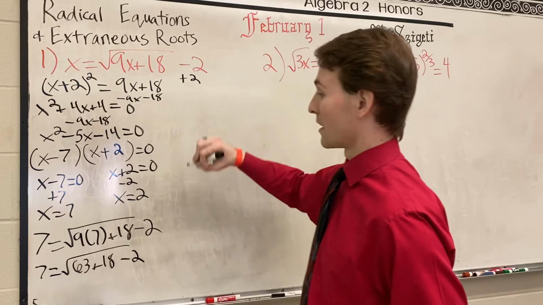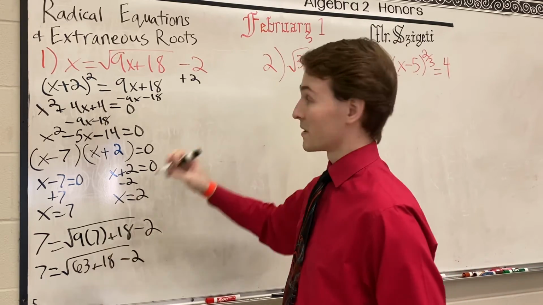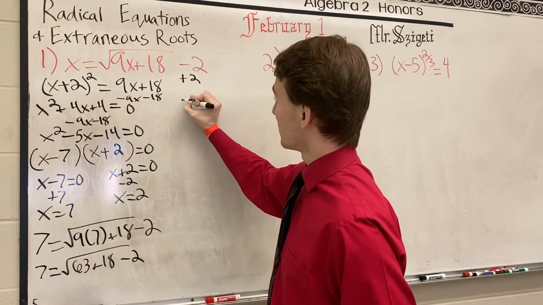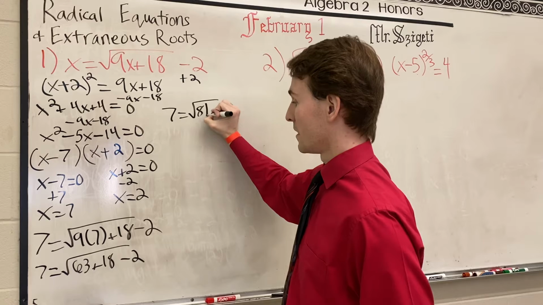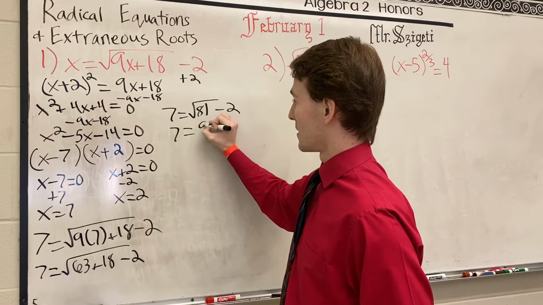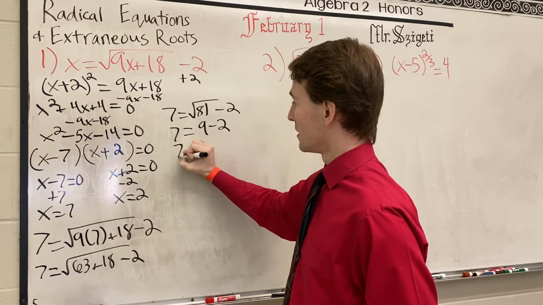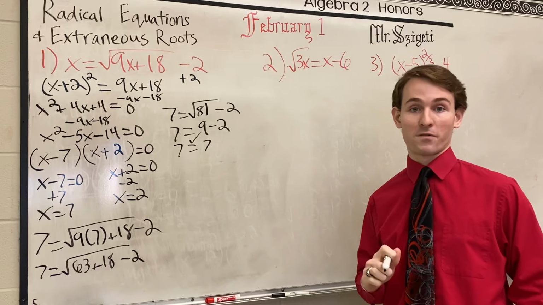I'm going to go ahead and bring it up now. So we've got 63 plus 18. And now over here, we'll have our 7 is equal to the square root of 81 minus 2. And that's the same as saying that 7 is equal to 9 minus 2. 7 is equal to 7. So we can check it off. It isn't an extraneous solution.